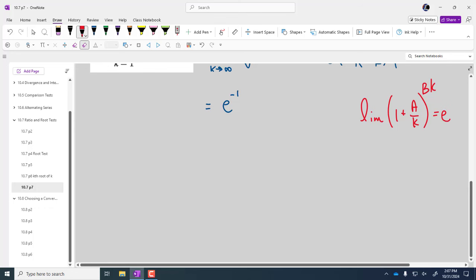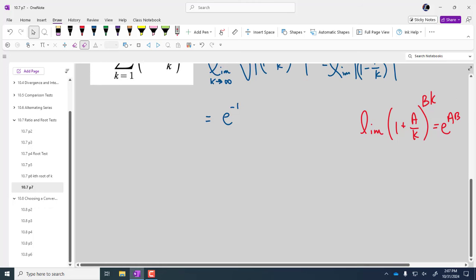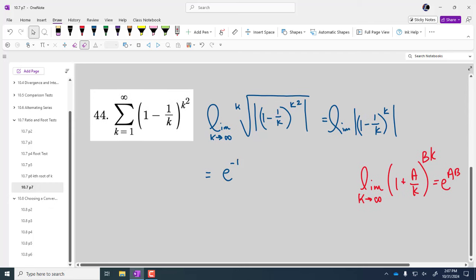This is the 1 to the infinity indeterminate form, and that turns into this. We showed that using the log limit process. You could also do the log limit process here. This limit value is positive, so the absolute values can go away. What does this tell us then for the conclusion of the root test?